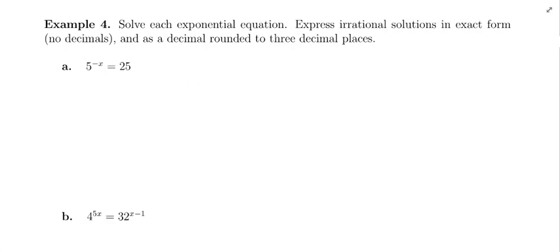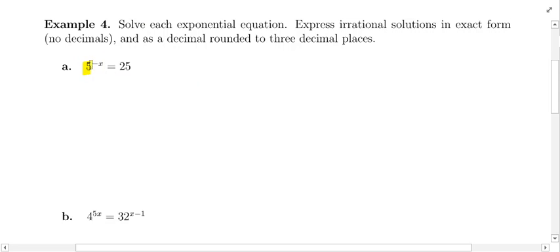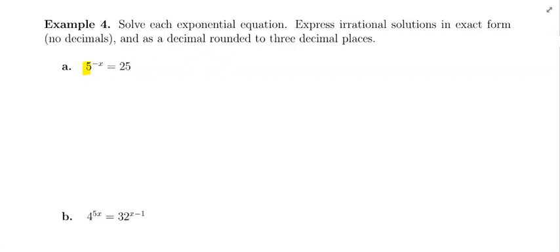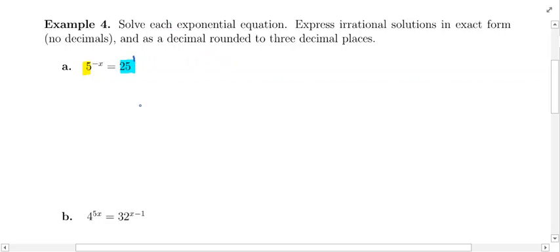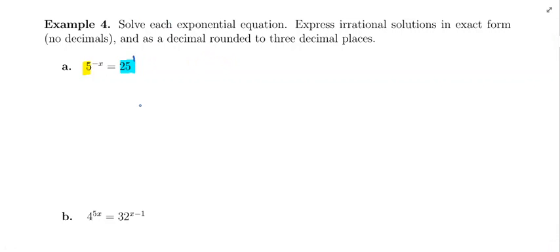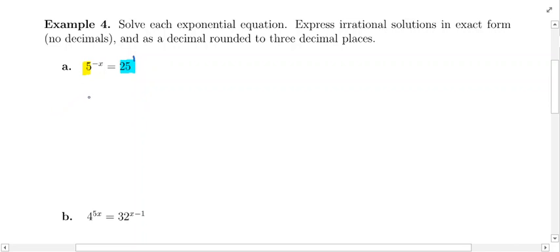When you look at this, I have base 5 on the left, and then I have base 25 on the right, because the right is 25 to the first power. We need to try to have the same base. You always want to try to change the bigger number into the smaller number, so we're going to make both sides base 5.